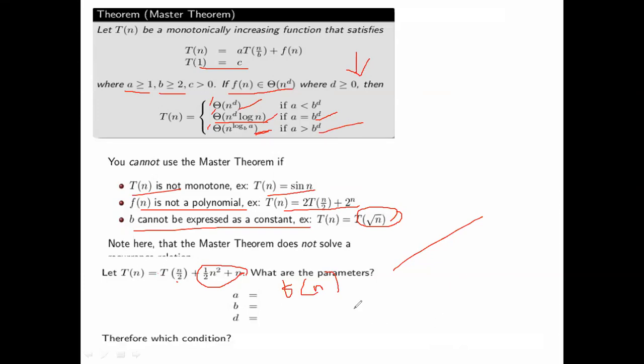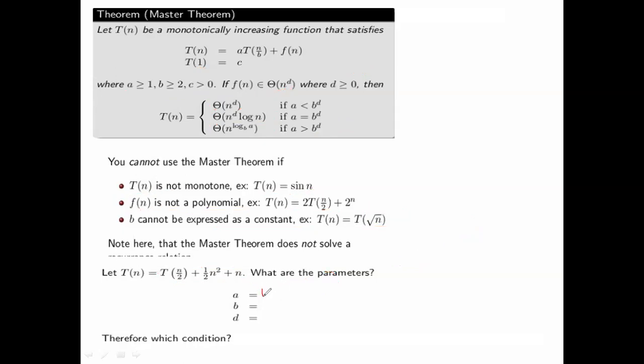So this is f of n. If you want the a value here, a value is 1, b value is 2, and what is the d value?